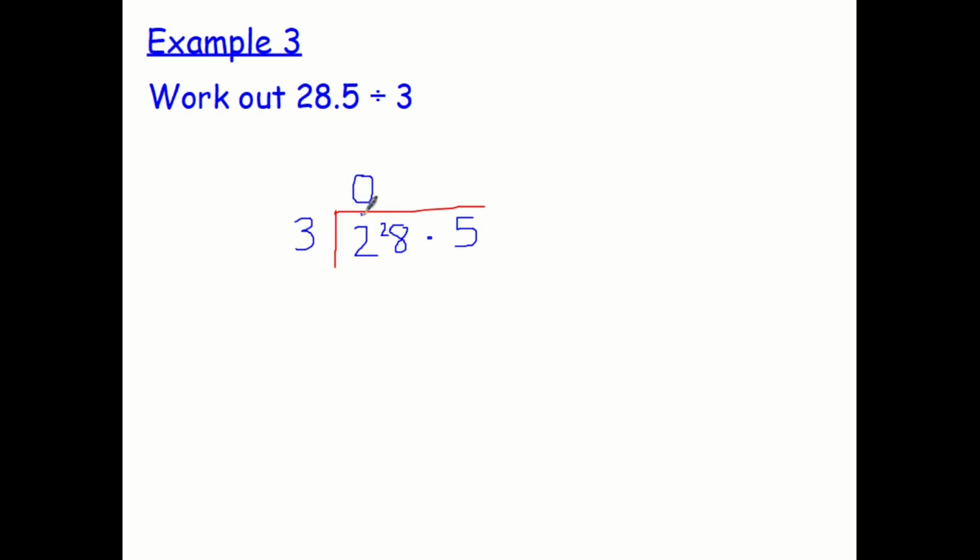How many 3s in 28? Well, I know that 3 9s are 27, and I've got 1 left over. Keeping everything in line, that means I'm going to put my decimal point there. And then my final question is how many 3s in 15, which is 5. So your answer to that is 9.5.